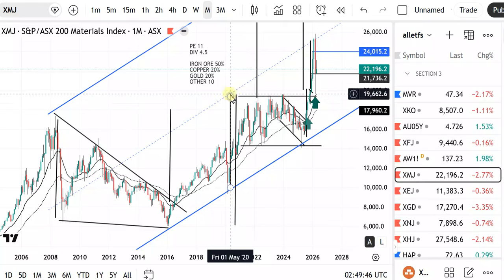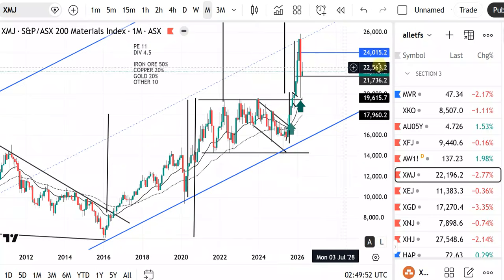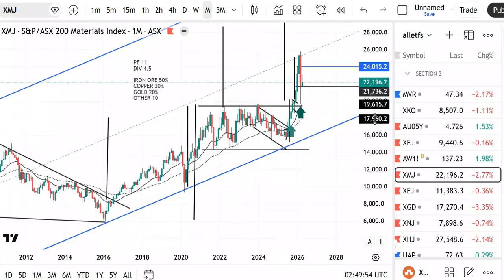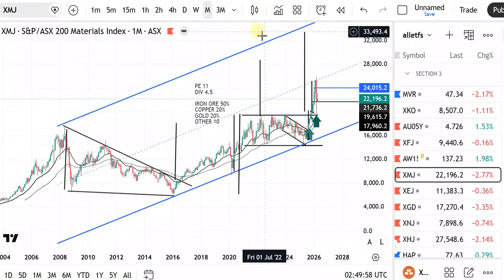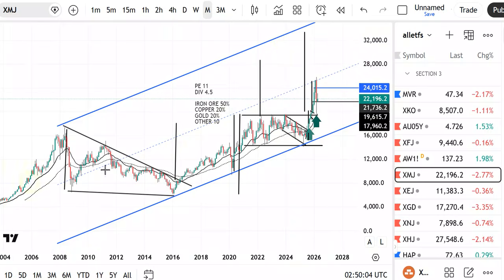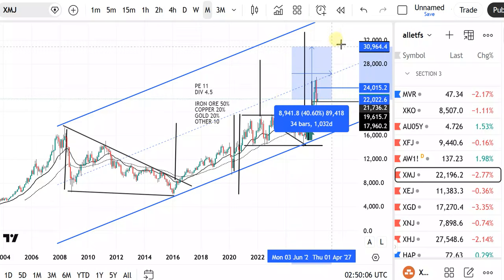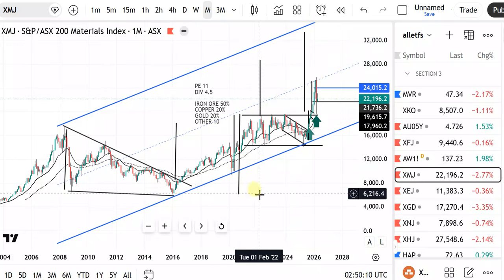The flagpole could either be from here to here or here to here, and this is your flag. You add them, and both of those give you a projection of somewhere around here, which is pretty significant growth, from 45% odd over the next few years.